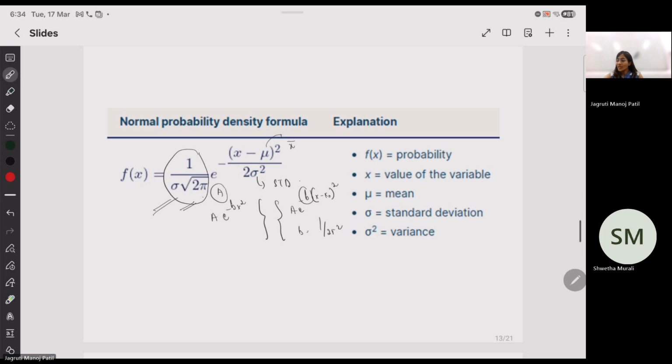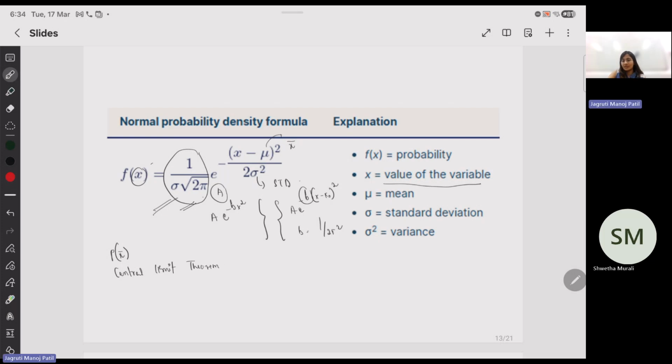Here, this probability distribution function is the distribution of the value of a variable, but this variable is nothing but the mean. This normal distribution comes from the central limit theorem.